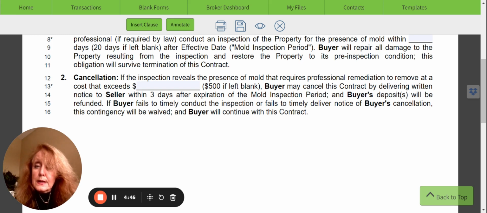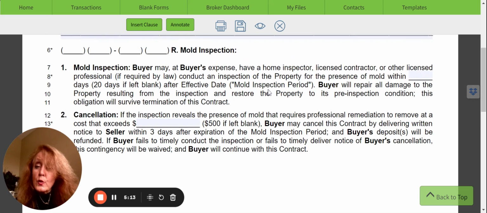The buyer's deposit will be refunded to them. Okay. And if the buyer fails to conduct the inspection within that 20-day period, if it's 20 days up here, or fails to deliver timely notice, which is 3 days after the expiration of that inspection period, this contingency for the mold inspection will be waived. The buyer will be bound to actually accept the property even with the mold.